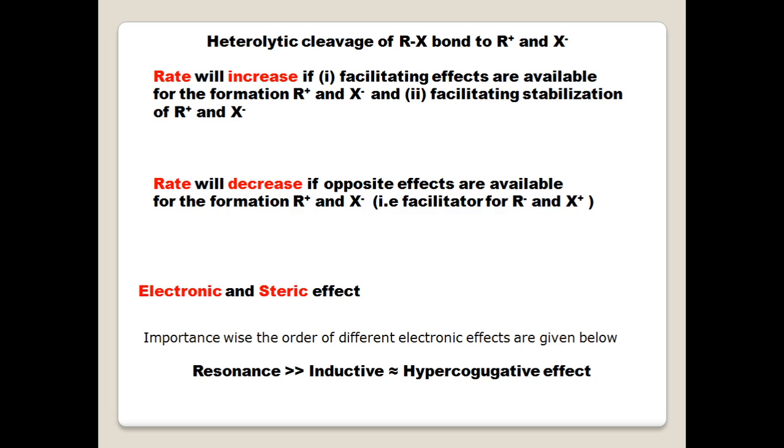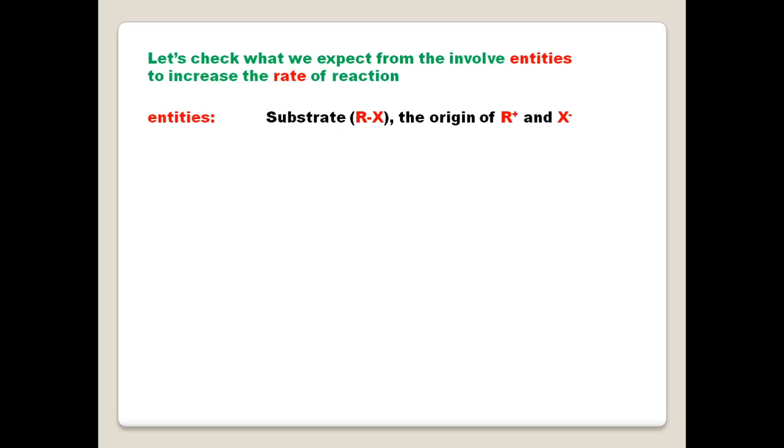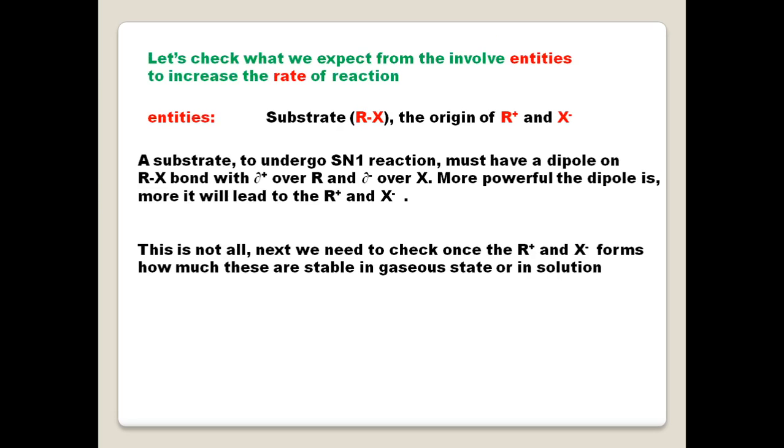Okay, now one point I want you to remember: the substrate which is taking part in an SN1 reaction must have a dipole moment, to be precise, a bond moment within the C-X bond, where the delta plus must sit over the carbon and the delta minus must sit over the leaving group.